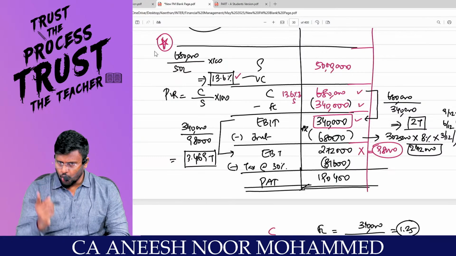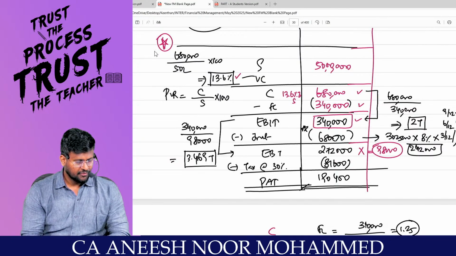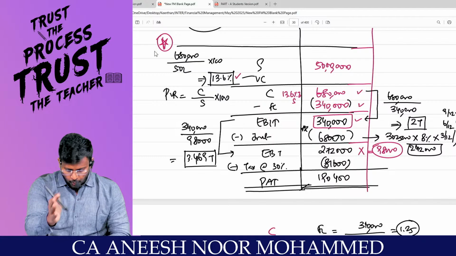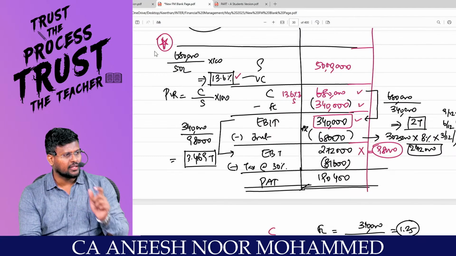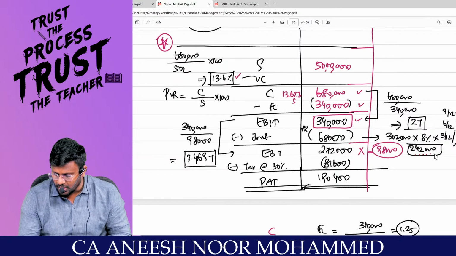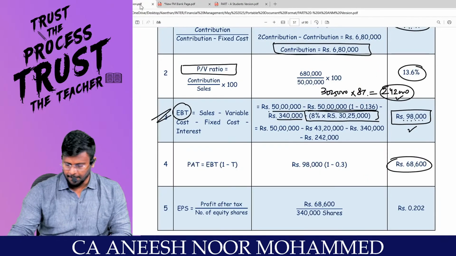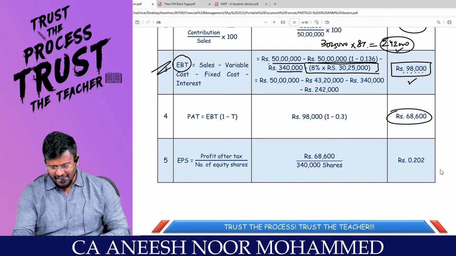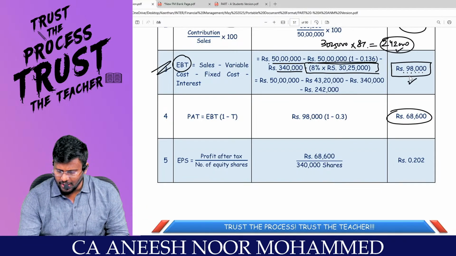So, if it is not matching in examination, we have to write a note. If you are writing this answer, you have to write a note that it is assumed that the debt is not there for the entire 12 months and interest is not 2,42,000. Interest is only 68,000. Getting it? Are you all really understanding? So, if you are taking the full interest, obviously, sir, earnings before tax will be only 98,000.